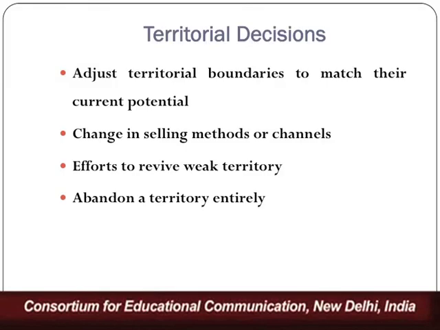Possibly the territories or the regions are too small, and therefore the potential volume may not be adequate to support the expense of covering that particular territory. Or on the other hand, it can be very large, so that the salesperson may be spending too much of his or her time or too much of expenses in traveling.